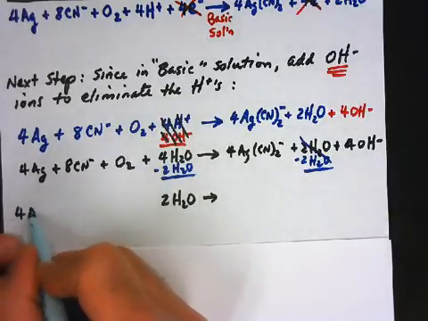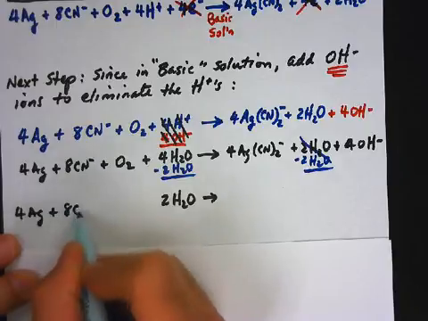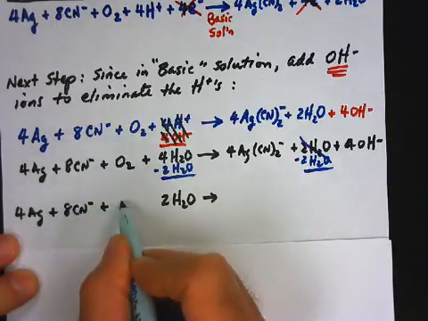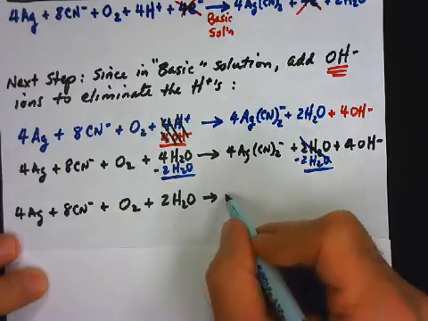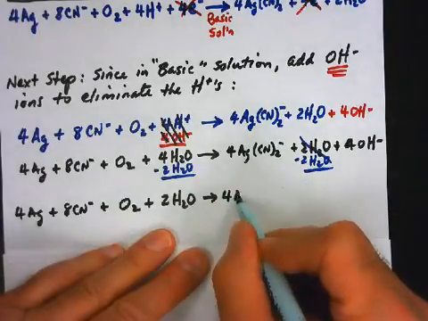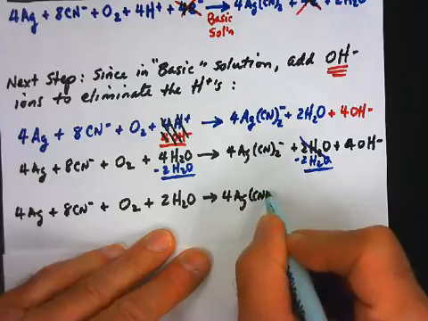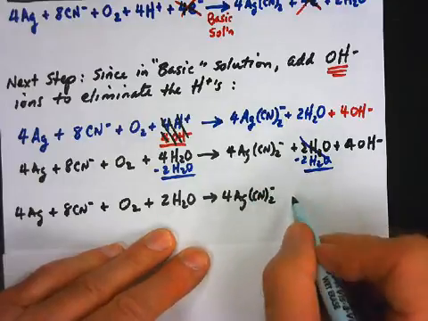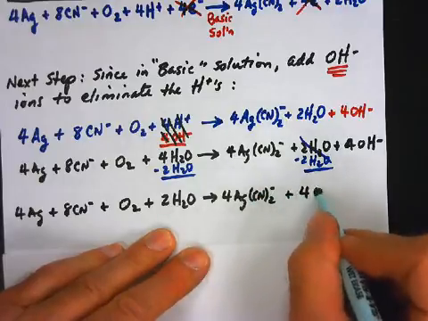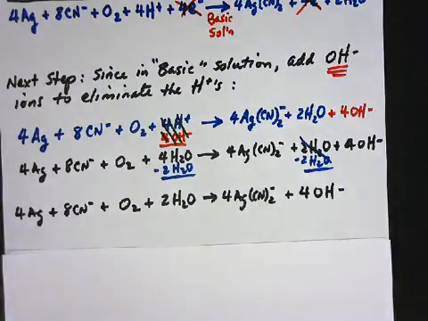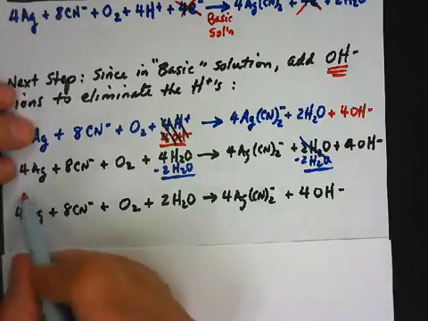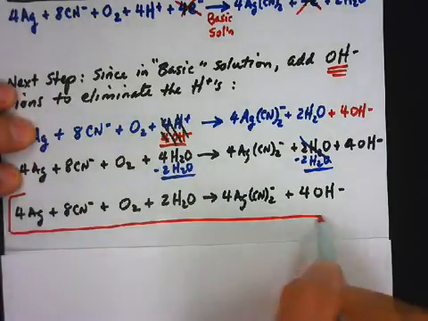We still have our 4Ag plus 8CN minus plus O2 with the 2 H2O, and that gives 4AgCN plus 4 OH minus. And so this, my friends, is the balanced redox reaction.